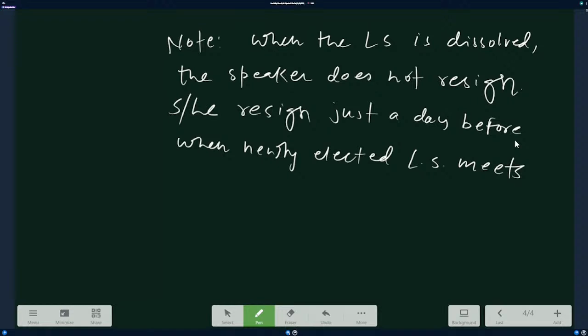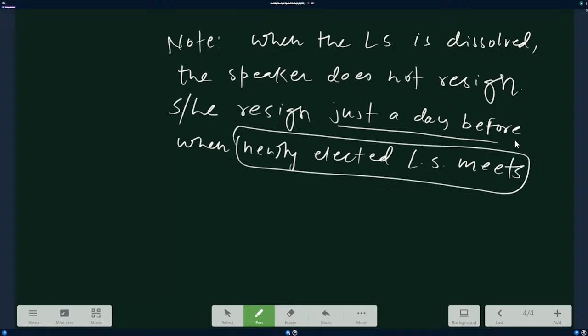Got the idea? Whenever the Lok Sabha is dissolved, the speaker does not resign. He resigns just a day before the newly elected Lok Sabha meets.